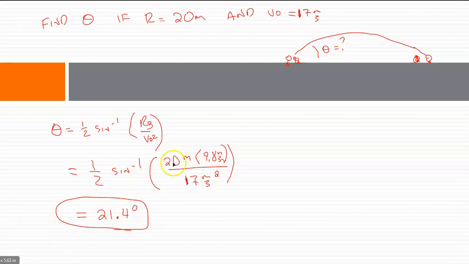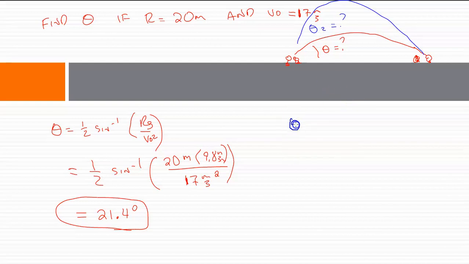Now the reason I wanted to wade through this problem one more time was because there's actually a second angle that works. I could aim this thing way high up in the sky, and it could go up, up, up, up, up, and come back down. And that second angle there, let's call it theta 2, will also work. There are two angles here that work. The 21.4 degree angle works, and there is a second angle.